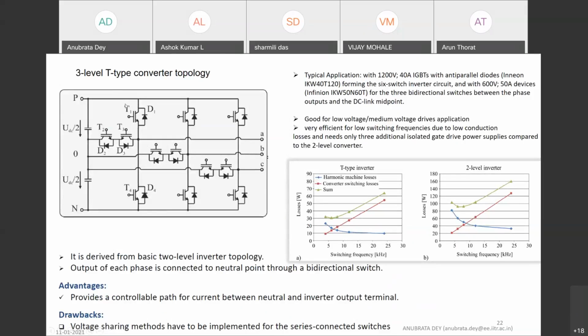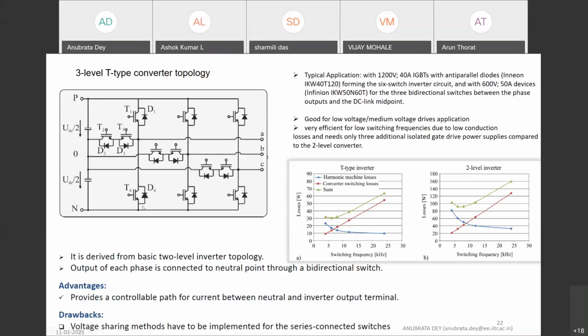T1 is a higher rating switch, and T2 and T3 are half rated switches. If T1 is a 1200 volt switch, a standard switch available, then T2 and T3 will be of 600 volt.